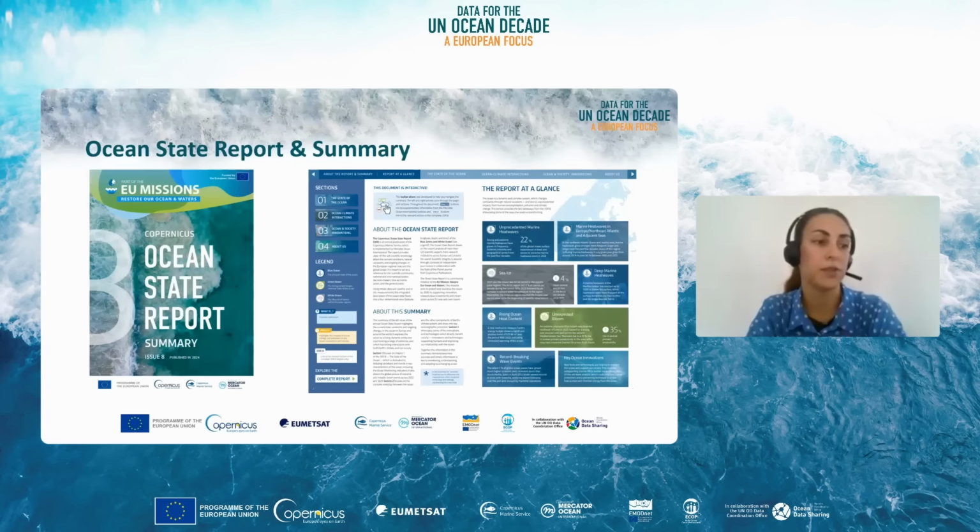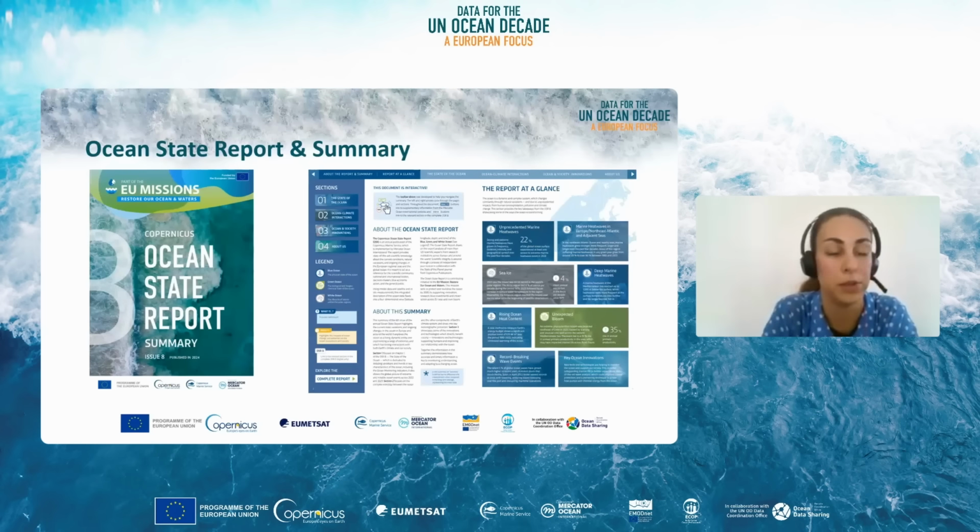So the success of Challenge 5 also depends on our ability to make accurate climate, ocean, and weather predictions. To achieve this, we need to deepen our understanding of the ocean and its processes. Each year, the Ocean State Report plays a crucial role in this effort. It offers a detailed look at the current state of the ocean, its natural variations and ongoing changes.